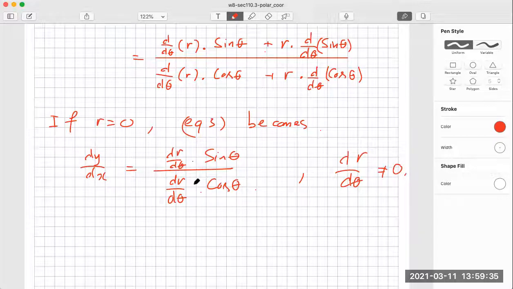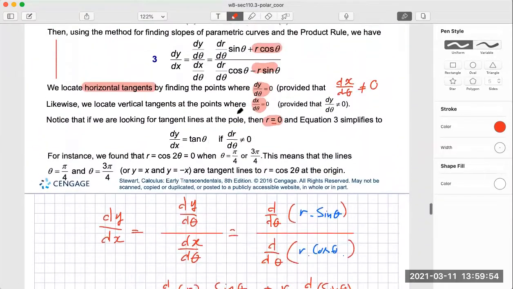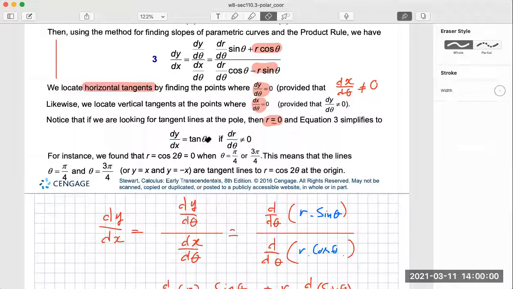But in the case where dr over d theta is not 0, we can cancel out, and this becomes, very good, thank you. So that is why we have this special case: dy over dx will be tangent theta, and the condition is that dr over d theta should not be 0. Okay, that's it.